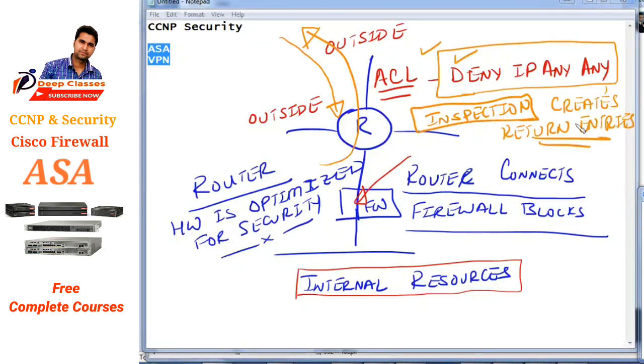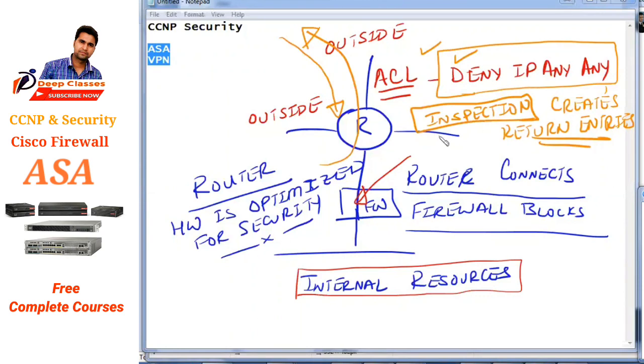That's what a firewall does. It's not just about denying all traffic from out to in, but it should also allow return traffic to come in. That's done by a functionality of the firewall called the inspection policy. Everybody okay with that? You guys understand that? Gopalan, does that answer your question?